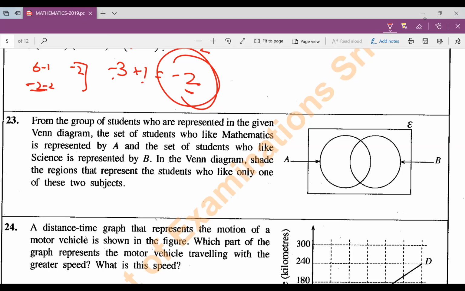If you check, this place is only A. This part is A and B, and this is only B. So only this entire part will get colored.